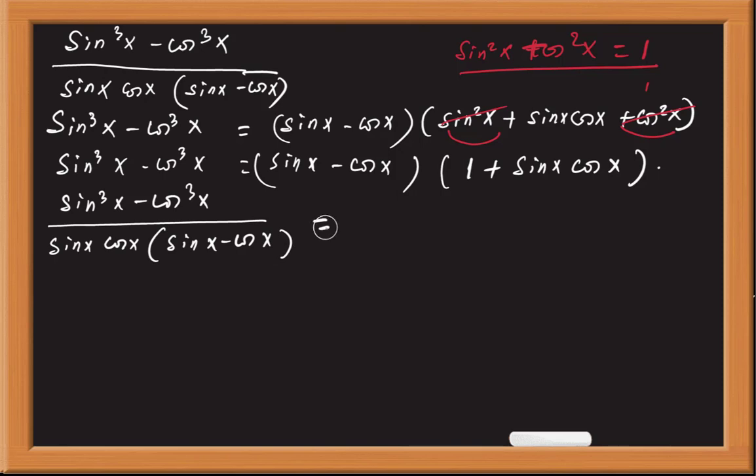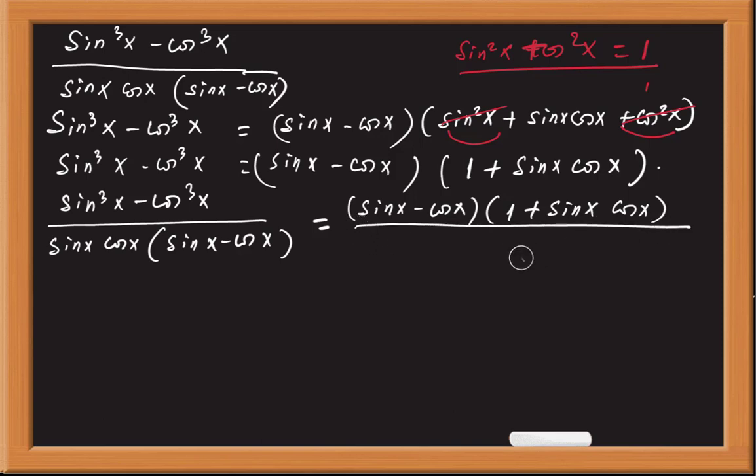Factoring, the numerator becomes 1 plus sine x cosine x times sine x minus cosine x, everything over sine x cosine x times sine x minus cosine x.